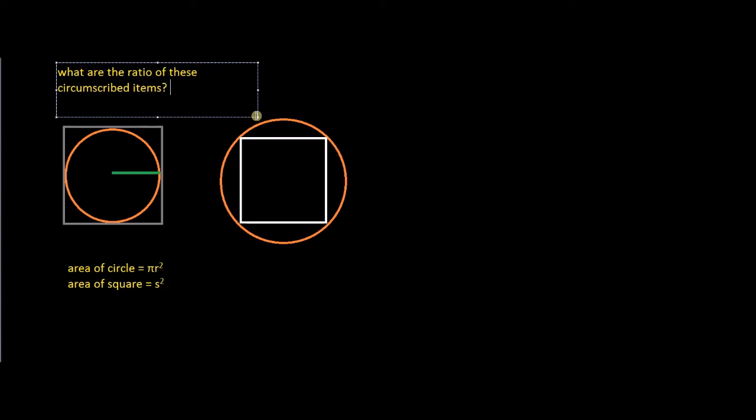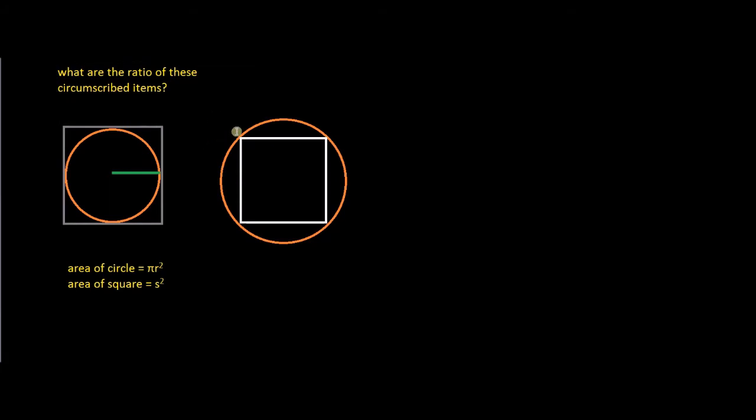So in other words, what is the ratio of this square to this circle, or this circle to this square? If I know the area of one, I can easily just use that ratio to check what the area of the other one is. And there are obviously easy ways to check what the area is even if you don't know that ratio, but the purpose of this is to try to find that common standard ratio of these things.